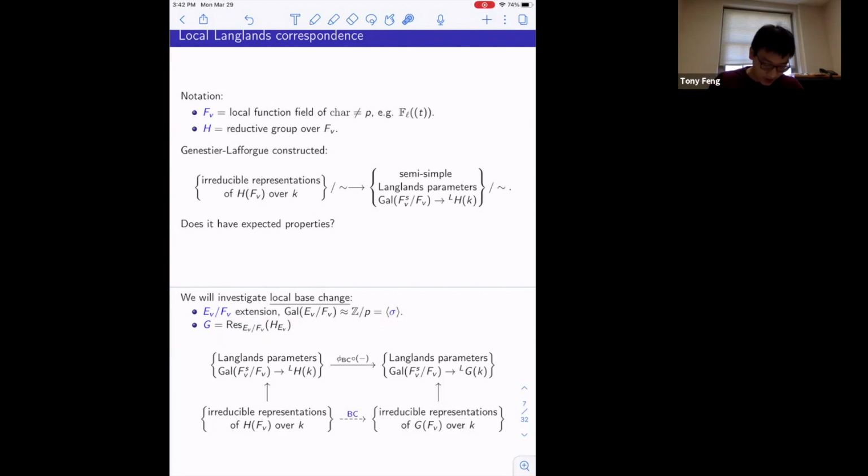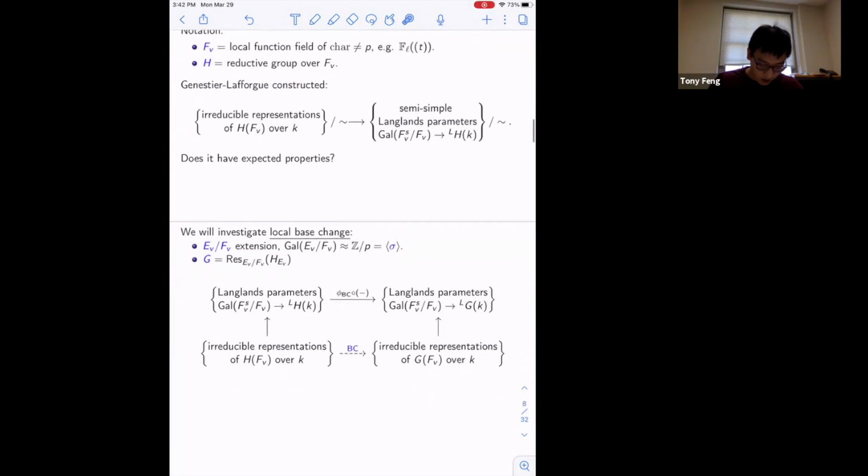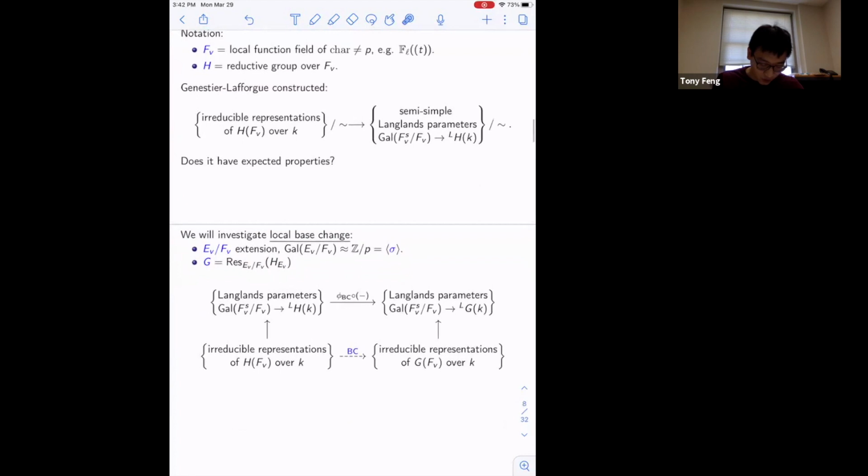So this is the exact local analog of the setup which I just explained. Now, since you have this local Langlands parameterization, or at least the version that Genestier and Lafforgue construct, it makes sense to talk about whether two irreducible representations of your non-Archimedean Lie groups are in base change. Namely, you ask the parameter of one to be related to the parameter of the other via this map of L-groups.